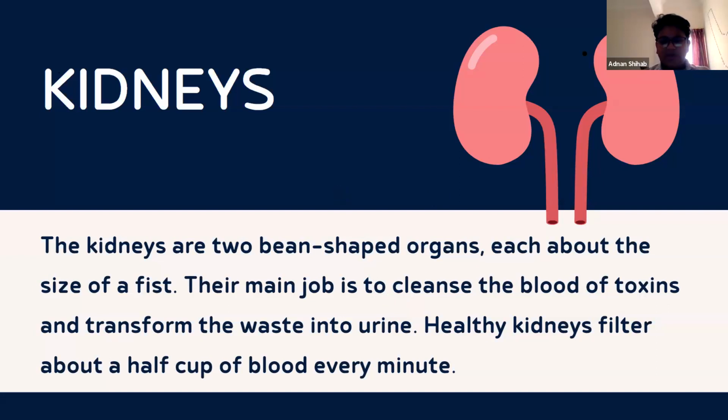Their main job is to clean the waste and pass it out as urine. And a healthy kidney will filter about half a cup of blood and make it into urine, removing the toxins and waste in the blood and passing it out as urine.